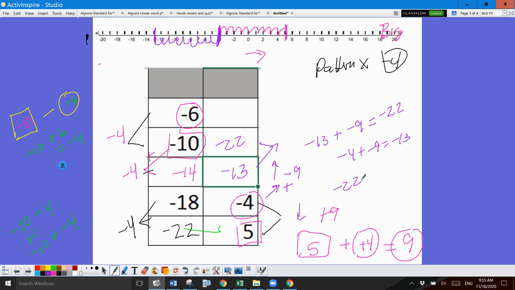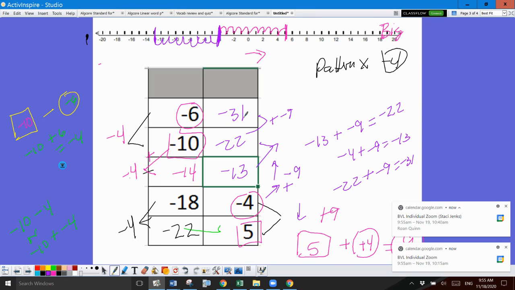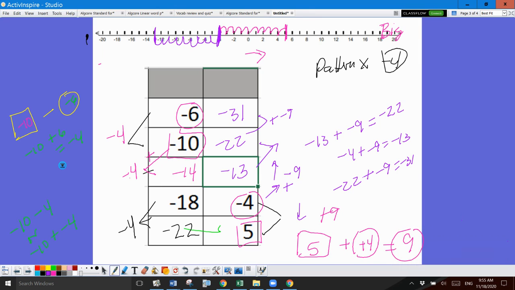And then -22 plus a -9, if we do it one more time, that's going to bring me to a -31.